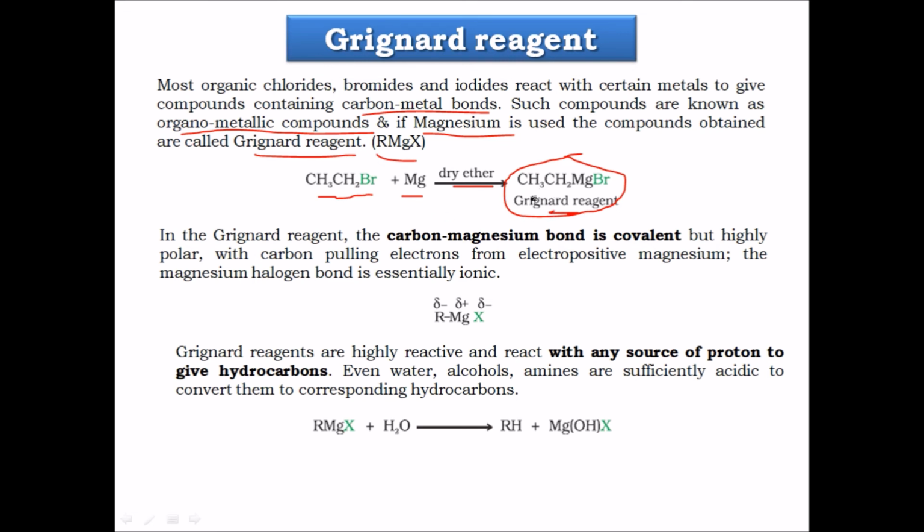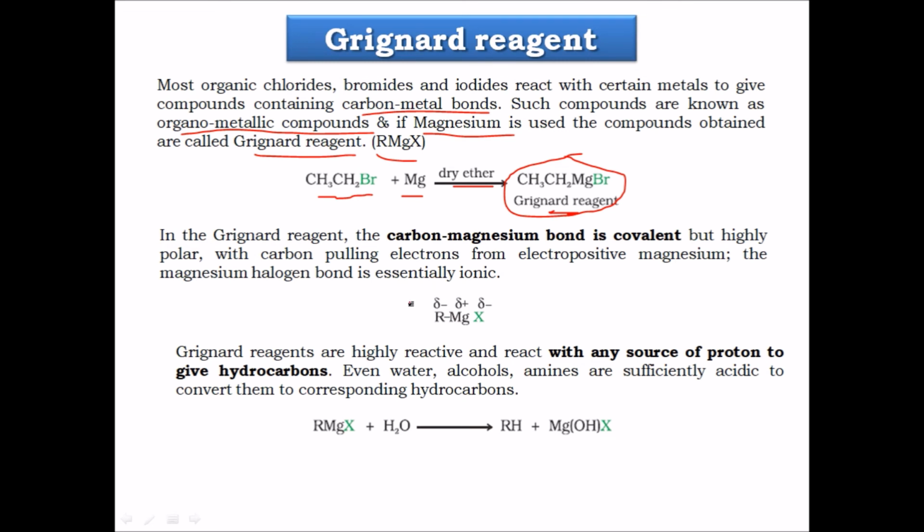Now what can we use this reagent for? As you can see, in organic synthesis this is a very important reagent which can be used in many reactions. We do not have all the reactions for classes 11 and 12, so we just discuss those reactions which are actually in the syllabus.